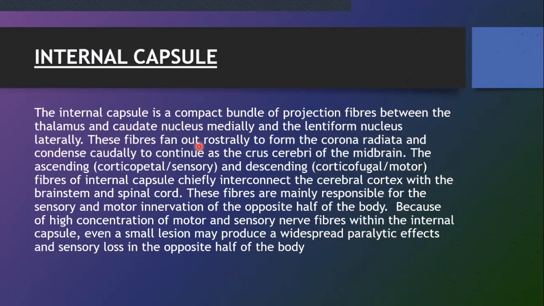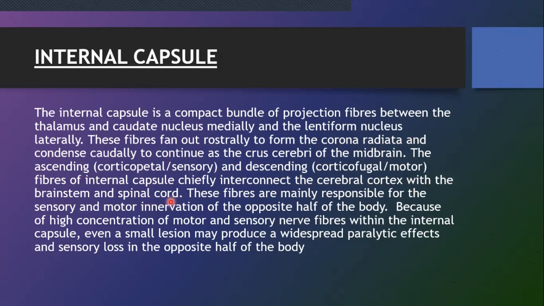Now these fibers fan out rostrally or cranially to form the corona radiata and condense caudally to continue as the crus cerebri of the midbrain. Now the ascending (corticopetal, sensory) and descending (corticofugal, or motor) fibers of the internal capsule chiefly interconnect the cerebral cortex with the brainstem and spinal cord.